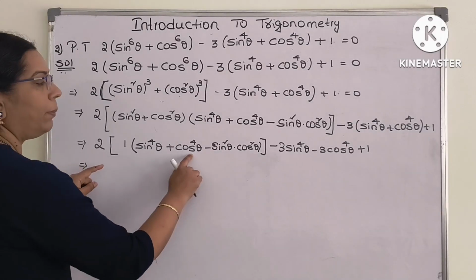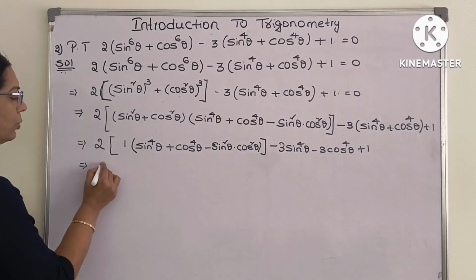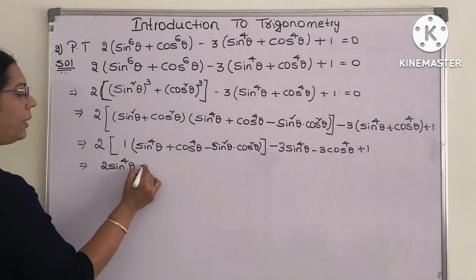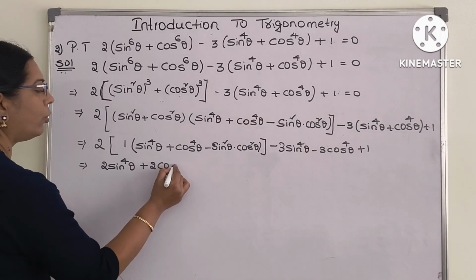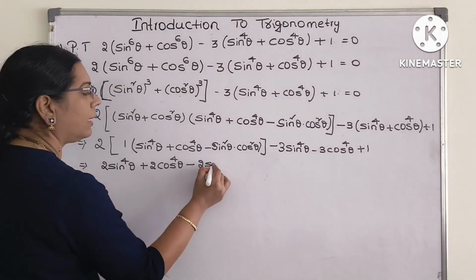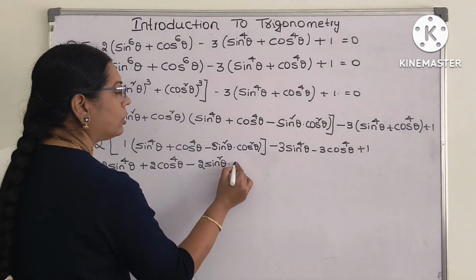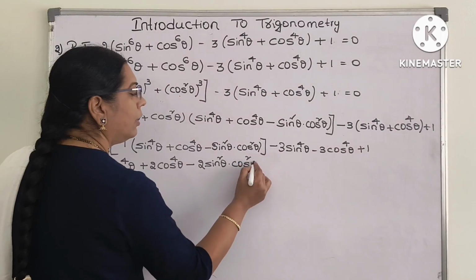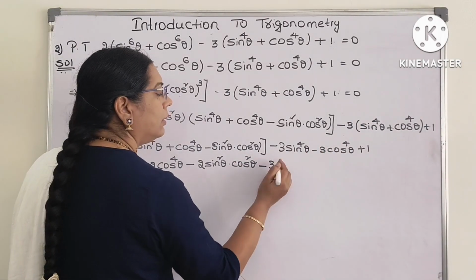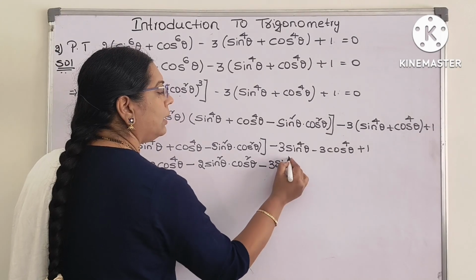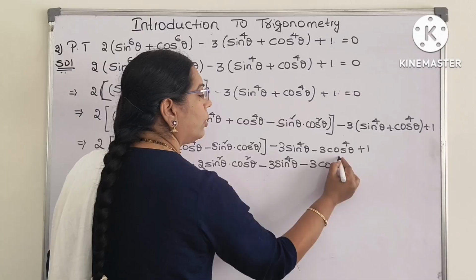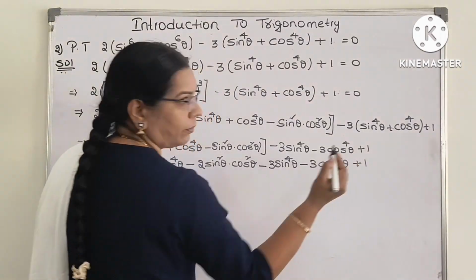So 2 should be multiplied to each of the 3 terms. So this would become 2 sin power 4 theta plus 2 cos power 4 theta minus 2 sin square theta into cos square theta. Then write these terms as they are: minus 3 sin power 4 theta minus 3 cos power 4 theta plus 1.